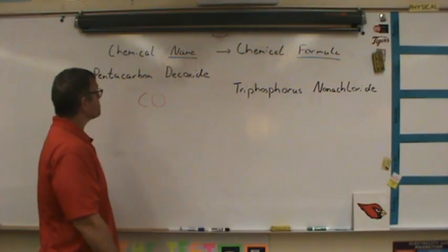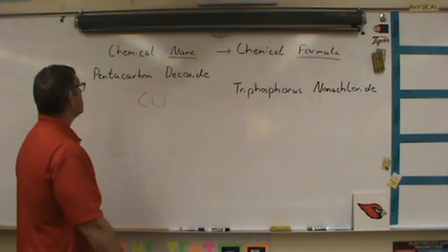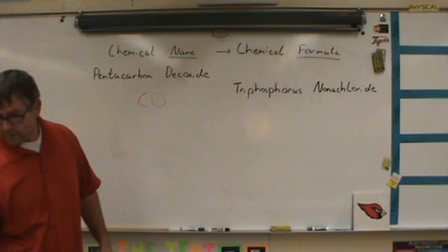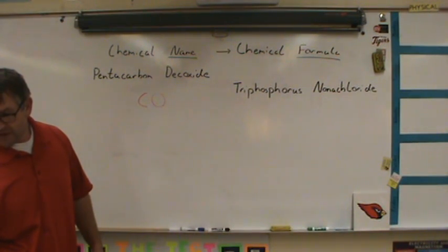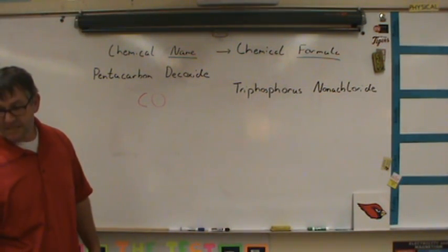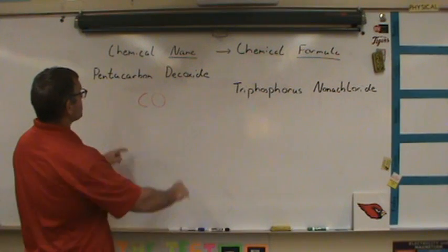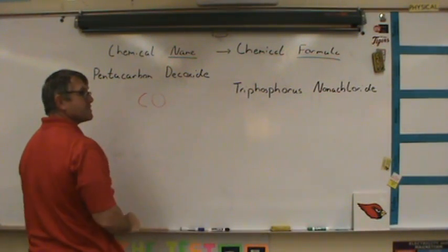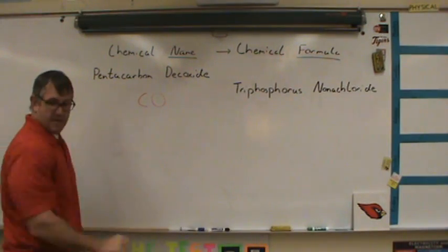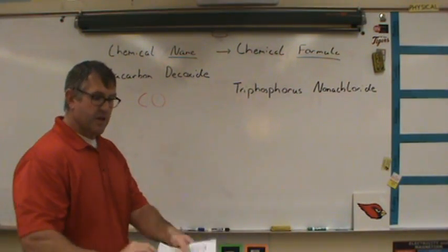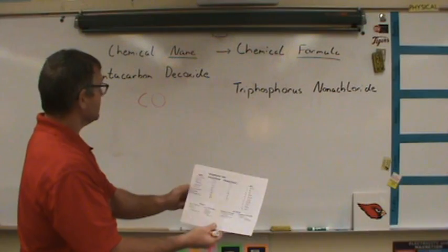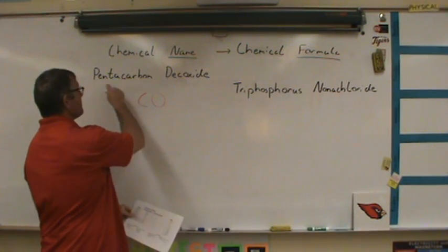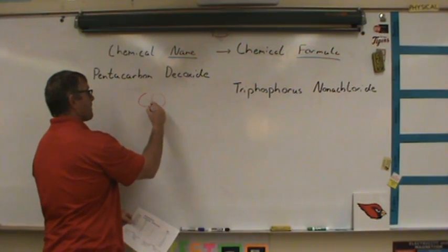Pretty straightforward. Next step, prefix equals the number of atoms as a subscript. Penta, if we look at our handy dandy cheat sheet, is 5. That means we have 5 carbons.